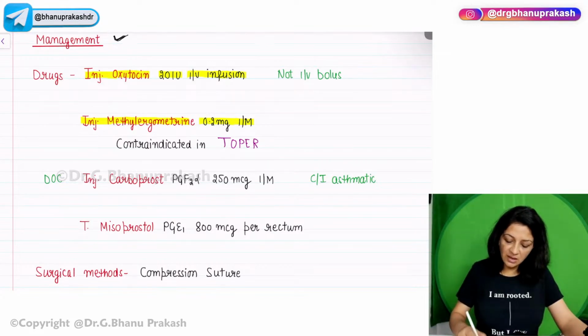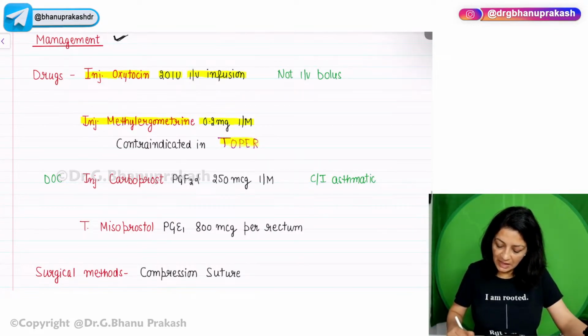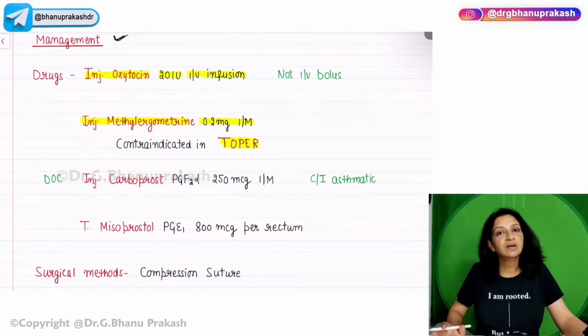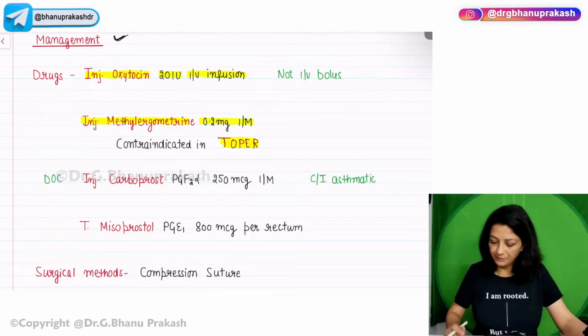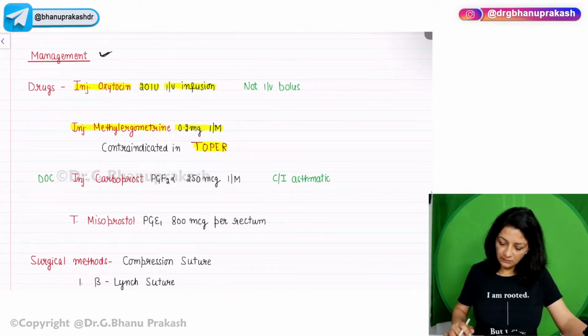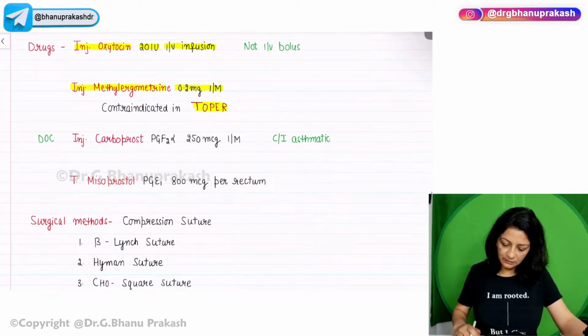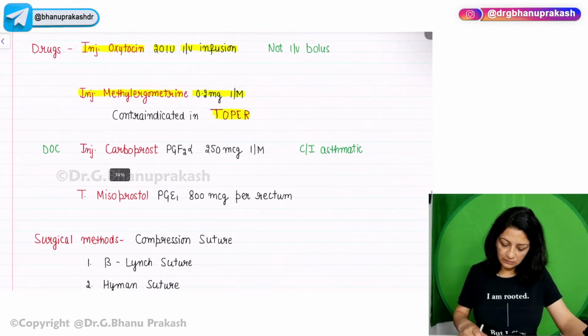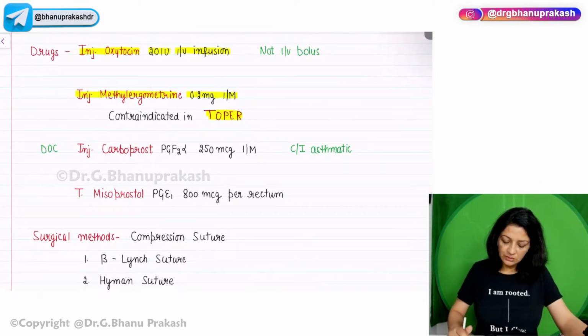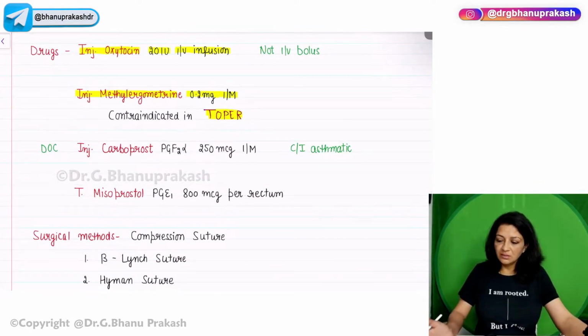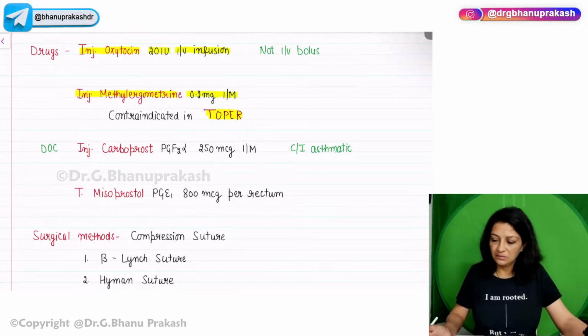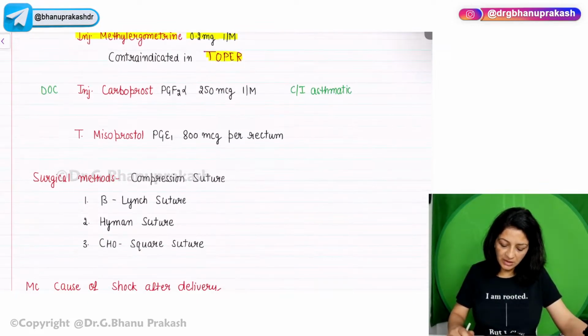In these conditions, methylergometrine is contraindicated. You can give oxytocin in normal saline and RL, not in DNS. So remember the mnemonic TOPPER.